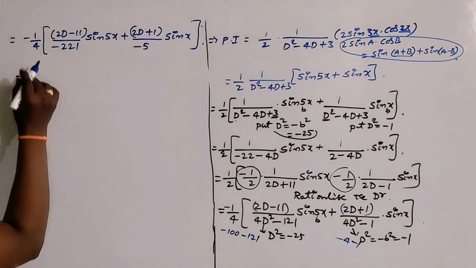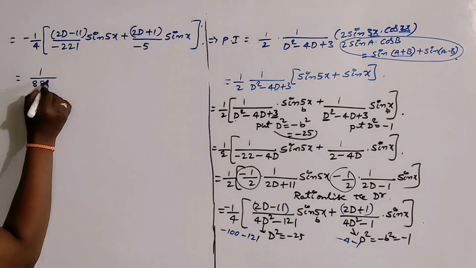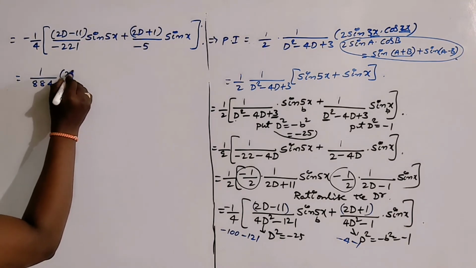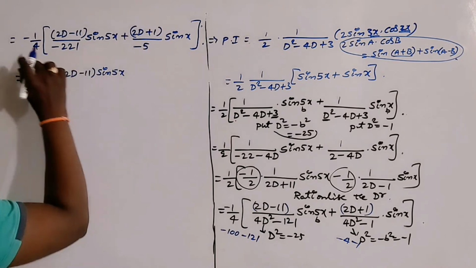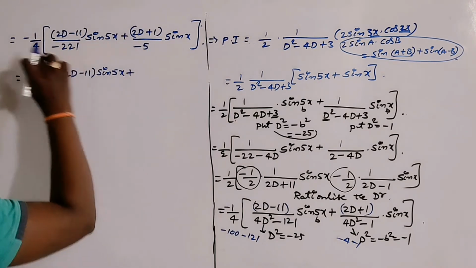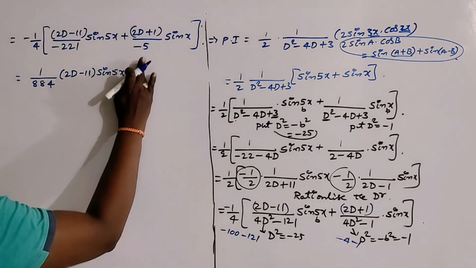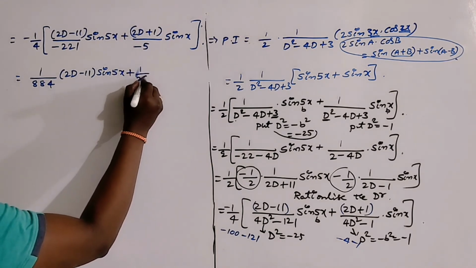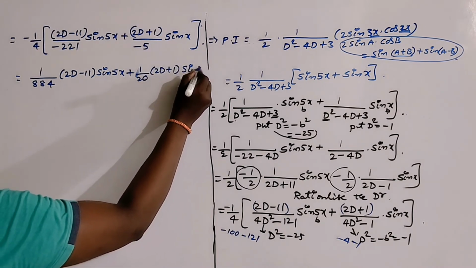Minus into minus plus. 4 times of 221 is 884 into 2d minus 11 into sin 5x. 4 into 5, 20. Minus into minus positive. So 1 by 20. 1 by 20 times of 2d plus 1 into sin x.